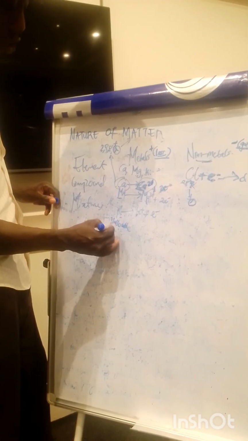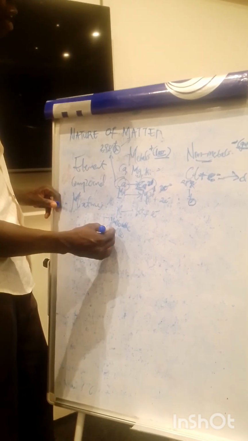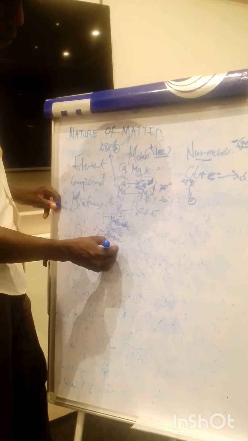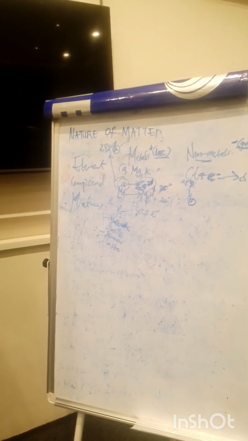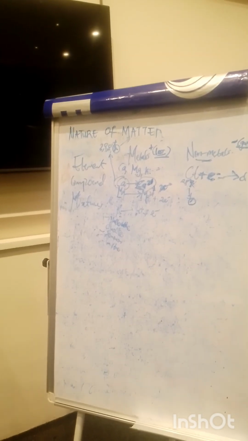Metals are ductile. Are you with me? Metals are sonorous. They have metallic luster. When you get to metals and their compounds, you will understand this very well.